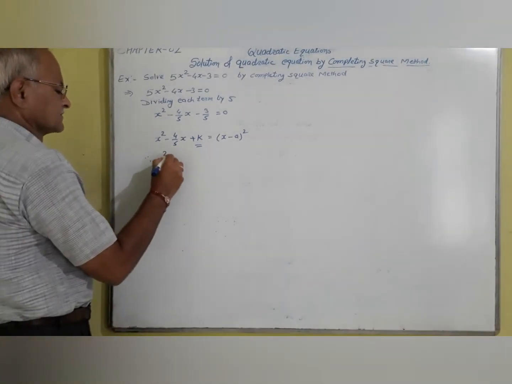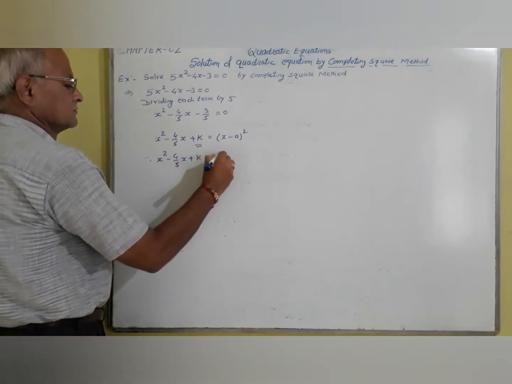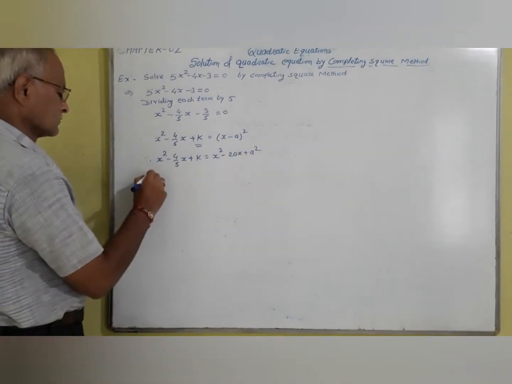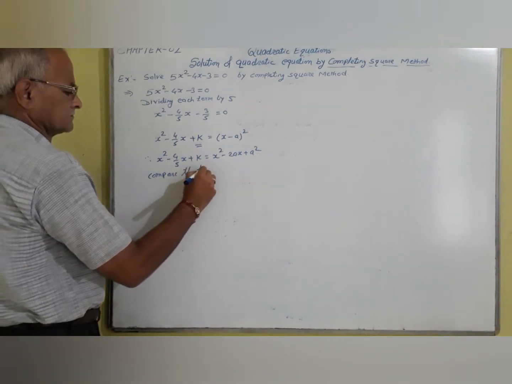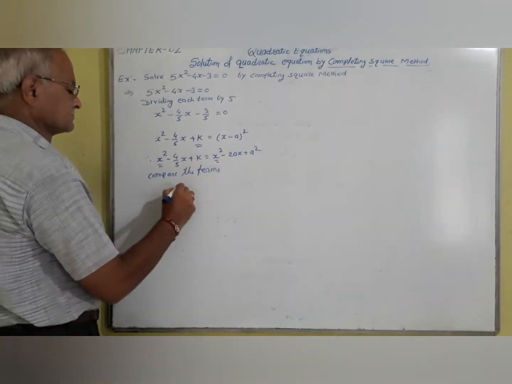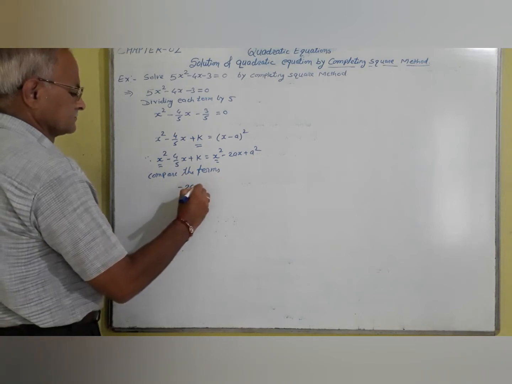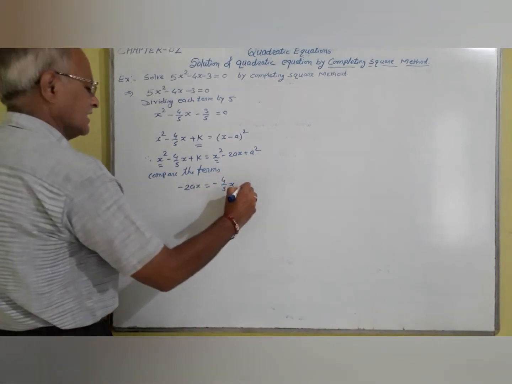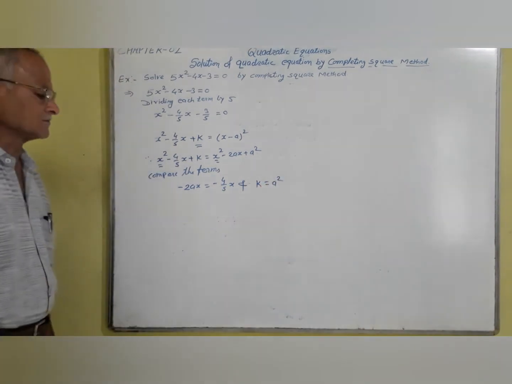Therefore, x square minus 4 upon 5x plus k is equal to x square minus twice ax plus a square. Now compare the terms. As we compare the terms, x square becomes cancelled. Minus twice ax is equal to minus 4 upon 5x and k is equal to a square.